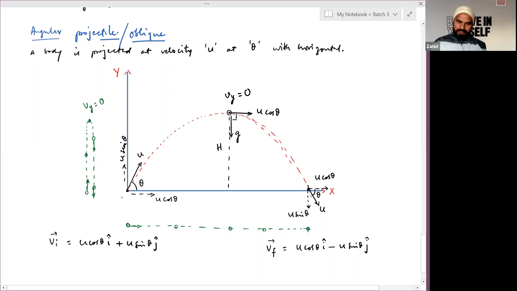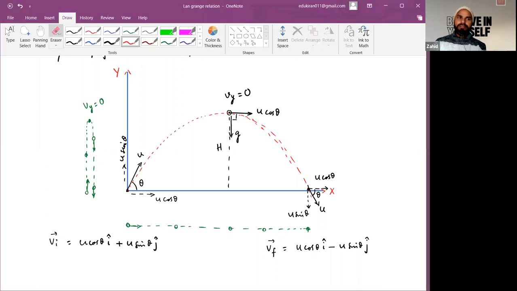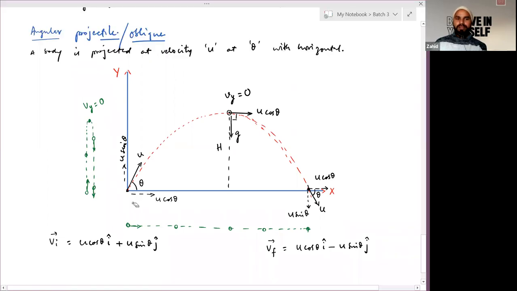If you relate from this point of projection, since we have two different components of velocity, one is along x-axis, that is u cos theta, which is along positive x-axis. That's why here we have u cos theta i cap, and u sin theta along positive y-axis. That's why we have u sin theta plus j cap. This is initial velocity or velocity of projection of body.